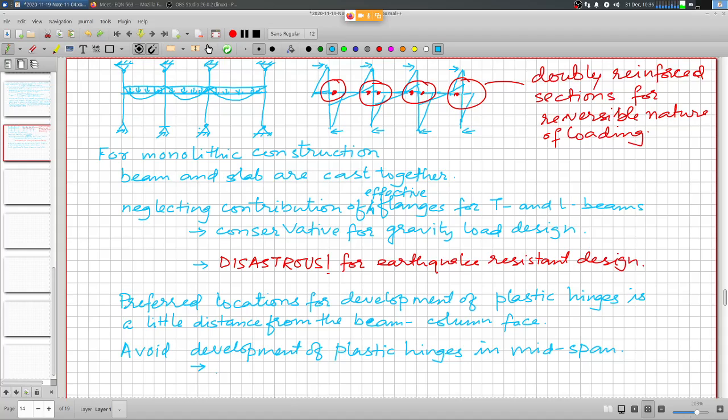This is because cracks may not close fully under load reversal.